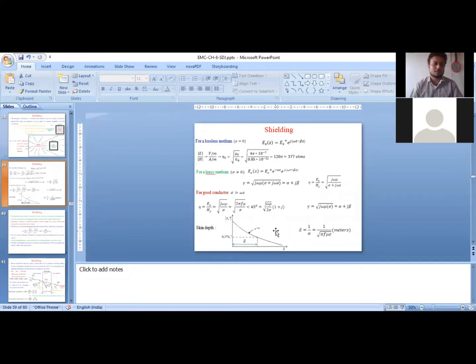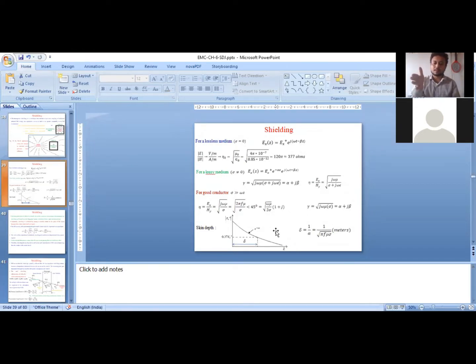So this skin depth concept is very important from understanding of shielding concepts, because whenever waves are incident on the shield, the current will induce on the shield, and that current, depending on the thickness of the shield, some of the current may appear on the inner side of the shield where your receptor is placed, where your receiving device is placed. So your shielding material should be thick enough so that the current will not penetrate inside the shield, so that the field will not go inside the shield.